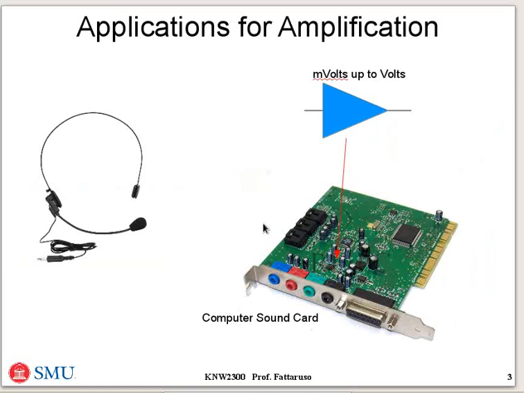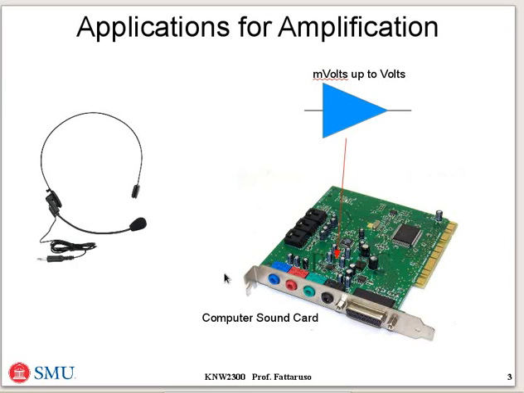So, applications for amplifiers. Right now, as I'm dictating this video, I'm wearing one of these headset microphones, and the signal level that comes out of the jack here, typically in these microphones, is maybe a millivolt or something on that order.